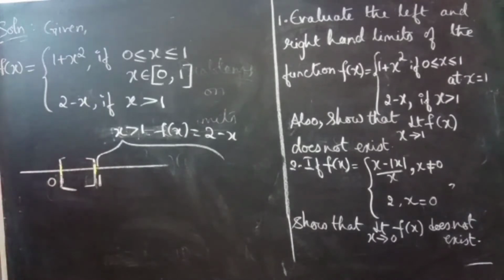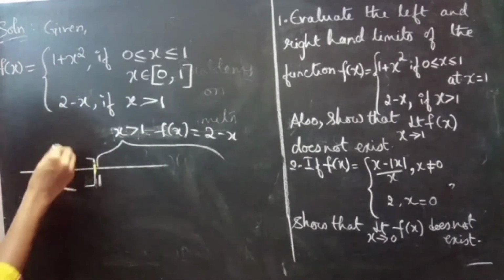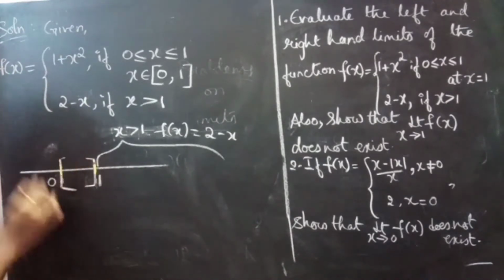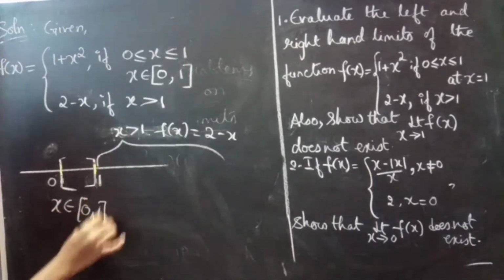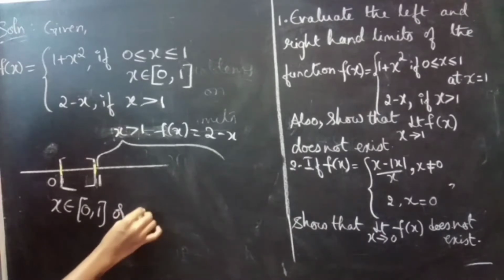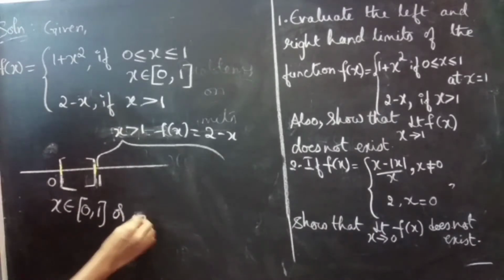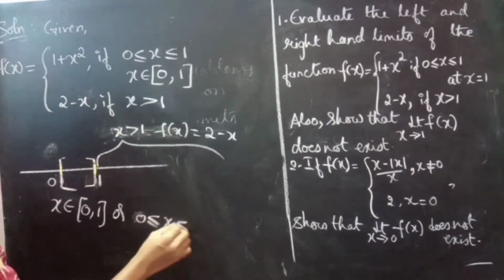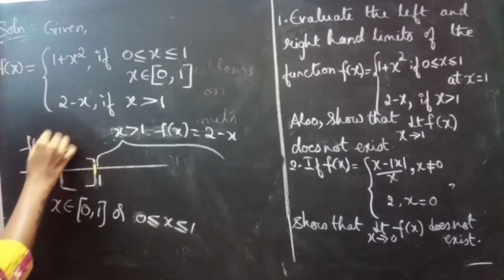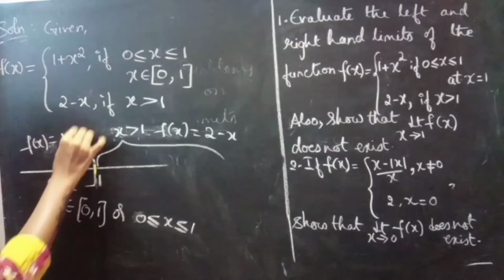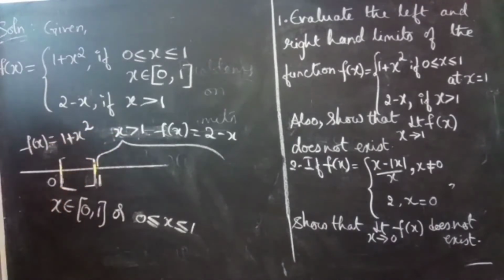So when x belongs to closed 0 and 1, or you can say 0 is less than or equal to x is less than or equal to 1, f of x equals 1 plus x square.